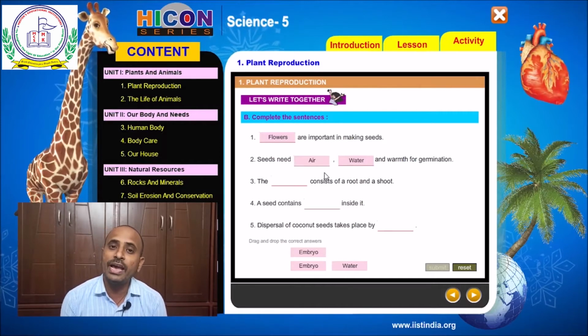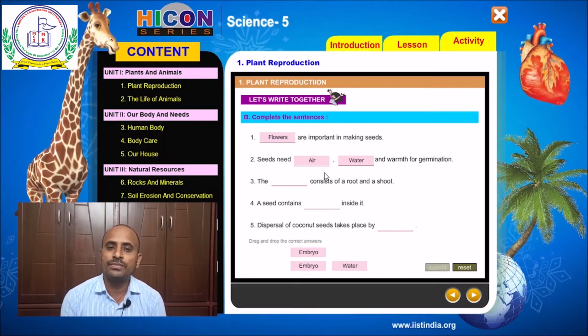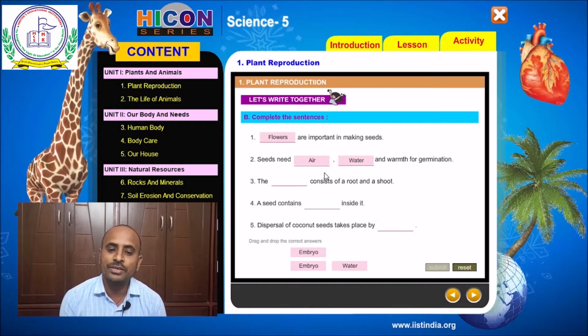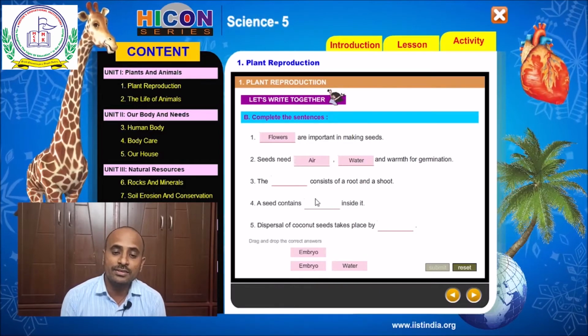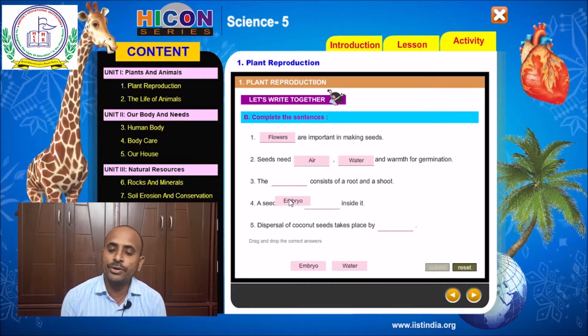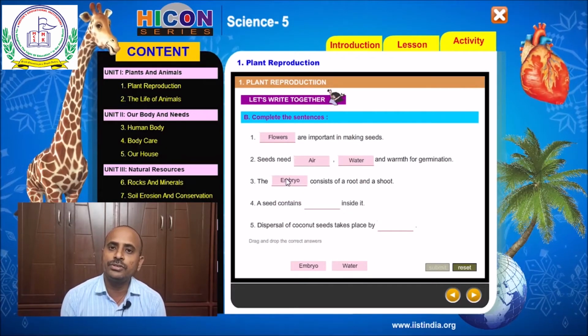That embryo has root and shoot. So which consists of root and shoot? Yes, embryo. So embryo is nothing but a tiny plant present inside the seed. So the correct answer for the third sentence is embryo. So the embryo consists of root and a shoot.